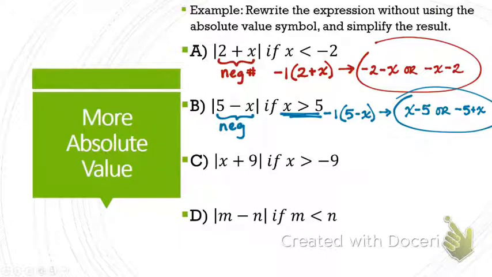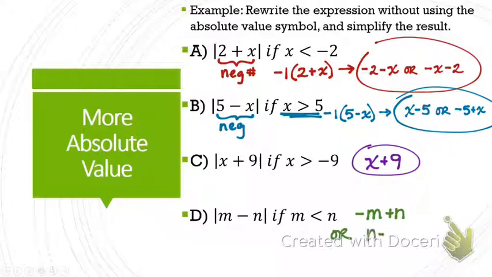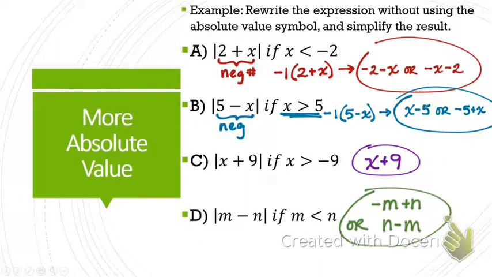Part C, fully simplified. What would this look like? X plus 9. And part D, fully simplified. Negative m plus n, or n minus m. Either one, both are fully simplified. I'd accept either of those.